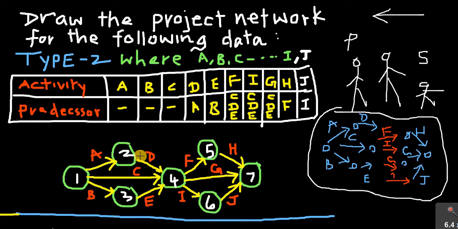This particular picture satisfies all the conditions. Now look at that. A doesn't have the predecessor, B doesn't have the predecessor, C doesn't have the predecessor.